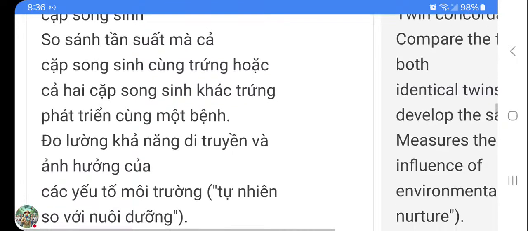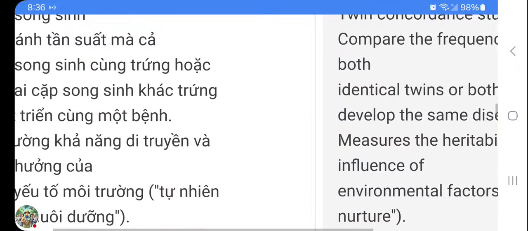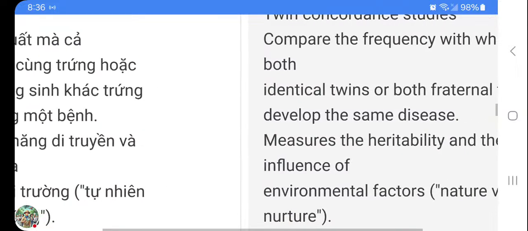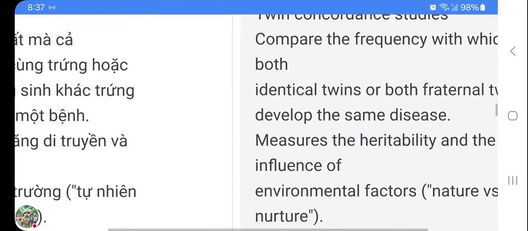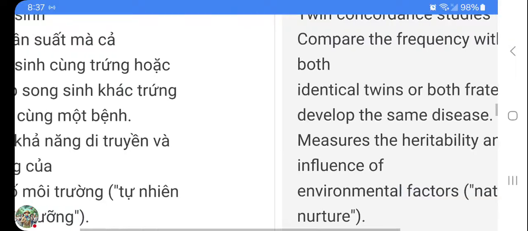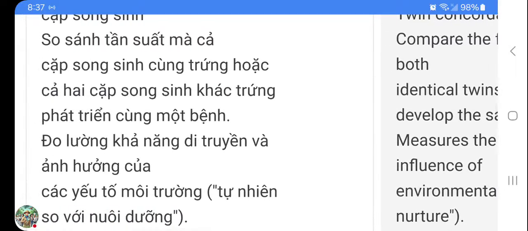So we measure genetic factors, the heritability, the genes, and the influence of environmental factors.